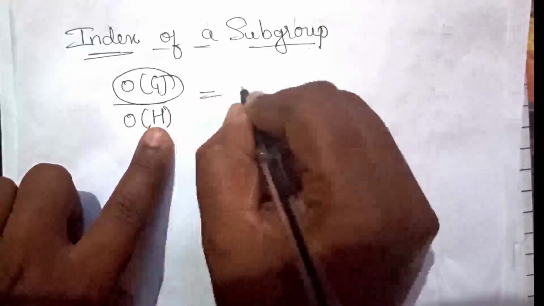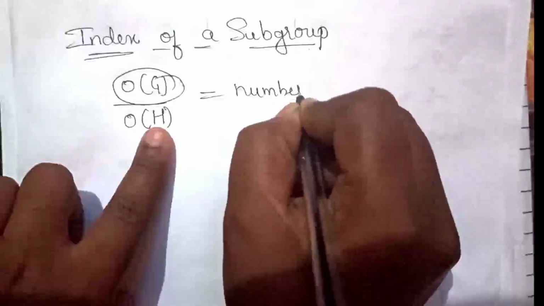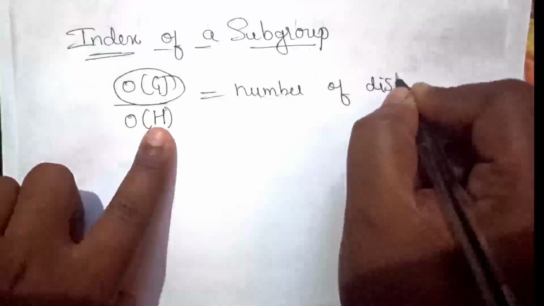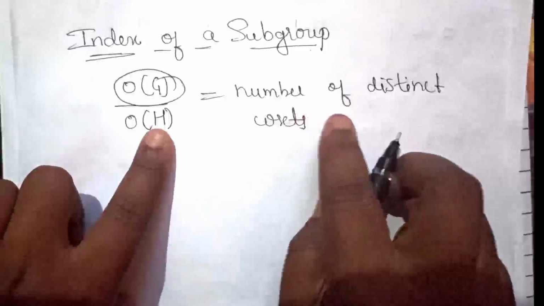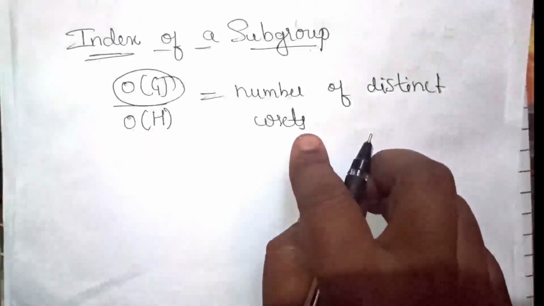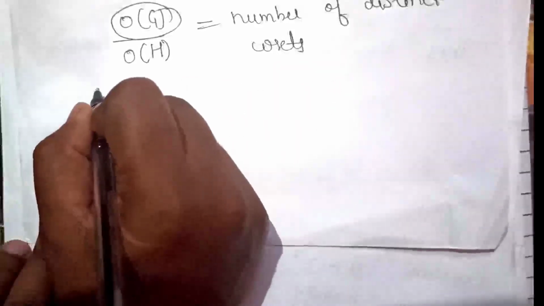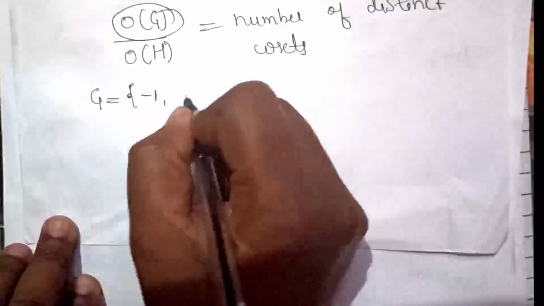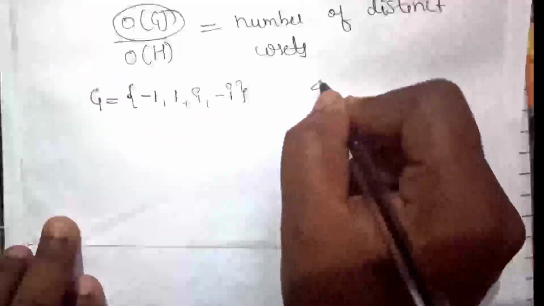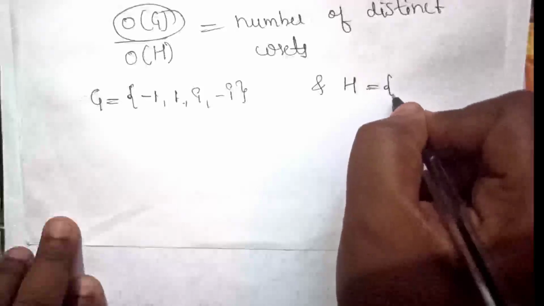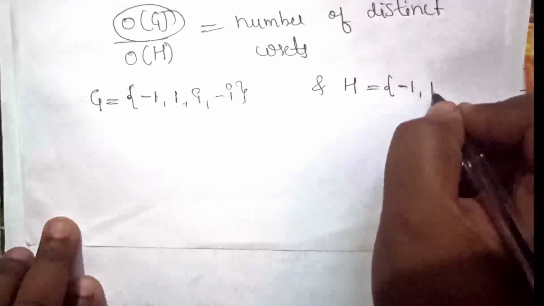It gives the total number of distinct cosets. See here, in the last example you have seen that G has a total of 4 elements: minus 1, 1, i and minus i, and subgroup H has 2 elements, minus 1 and 1.